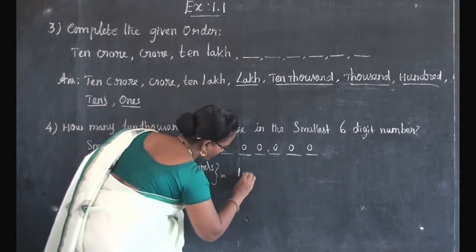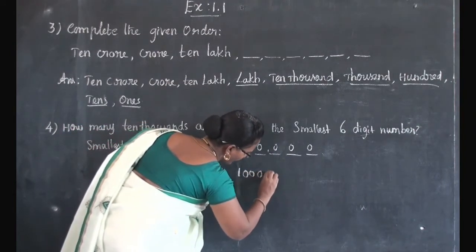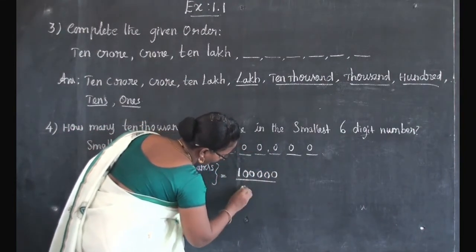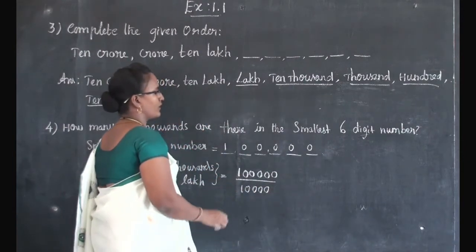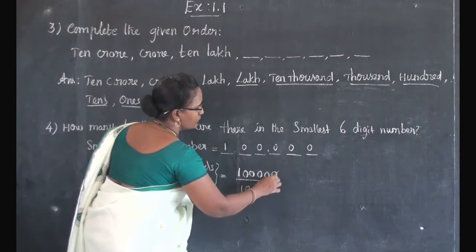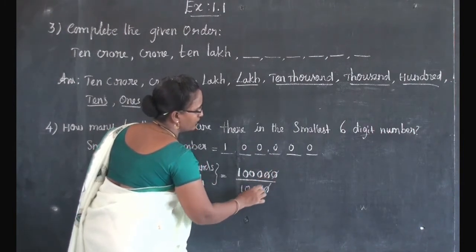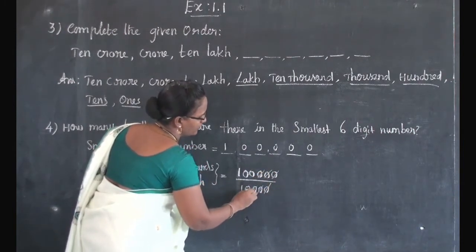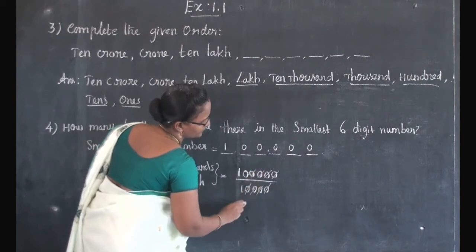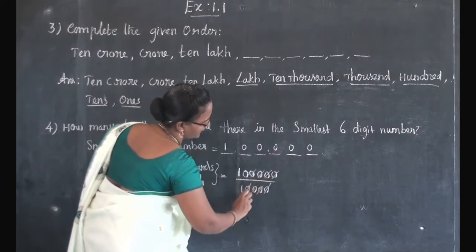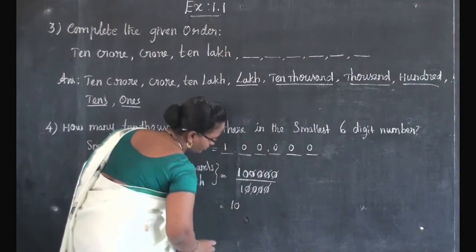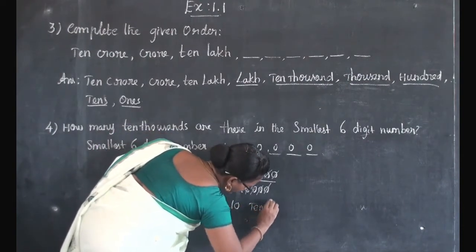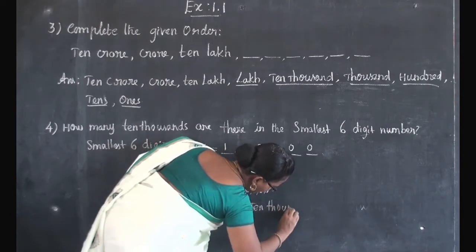Means 1 lakh divided by 10,000. Cancel the 0s from the right side. So 4 zeros are cancelled and then the remaining is 10. So there are 10 10,000s in 1 lakh.